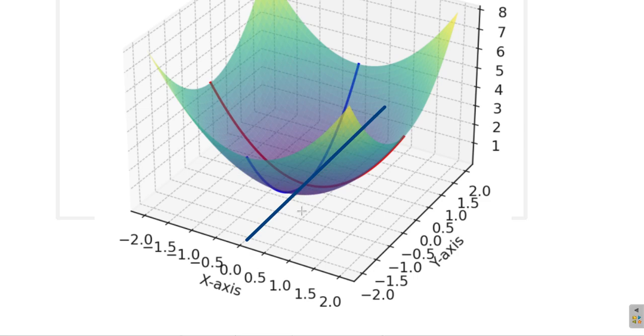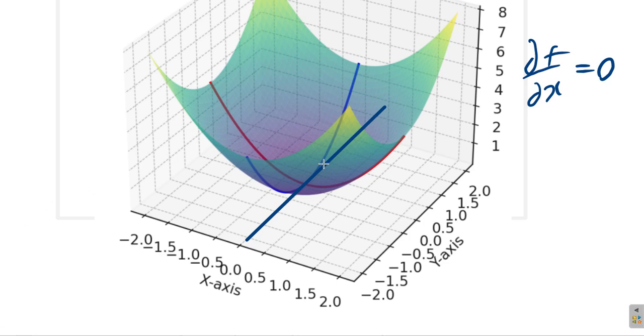This tangent is going to be a horizontal line on the xy plane. So in that case, delta f by delta x is equal to 0. The gradient of that tangent is 0.